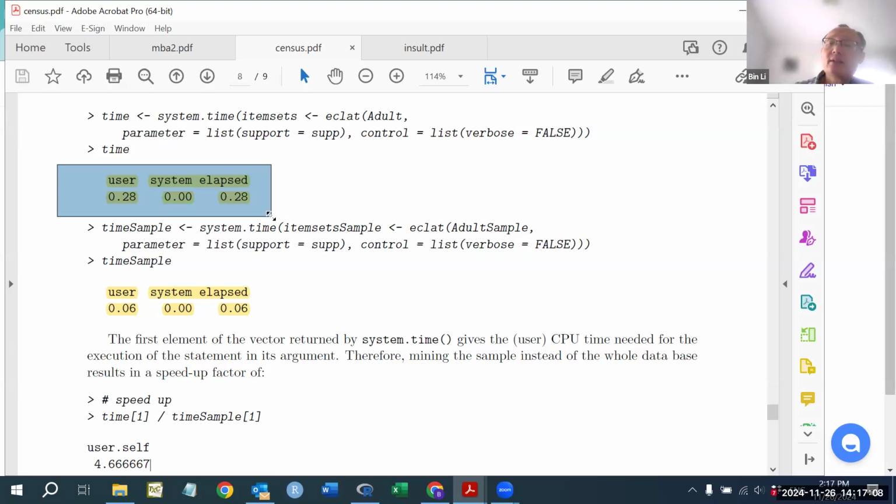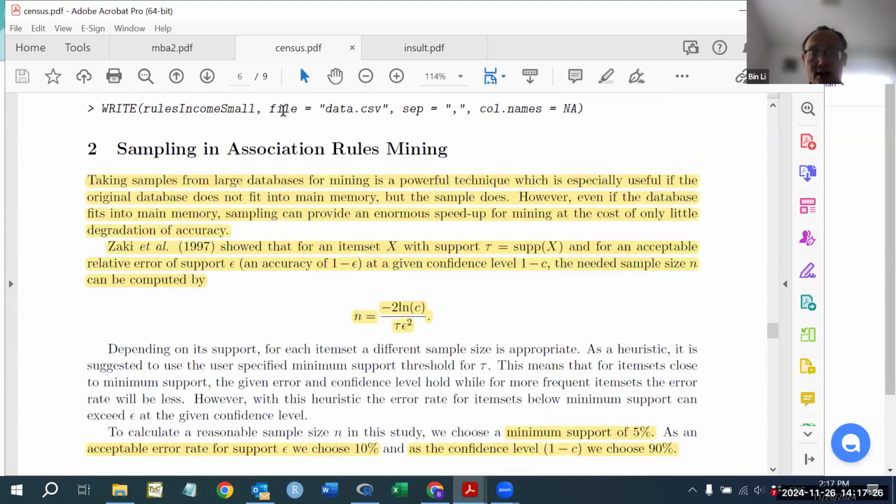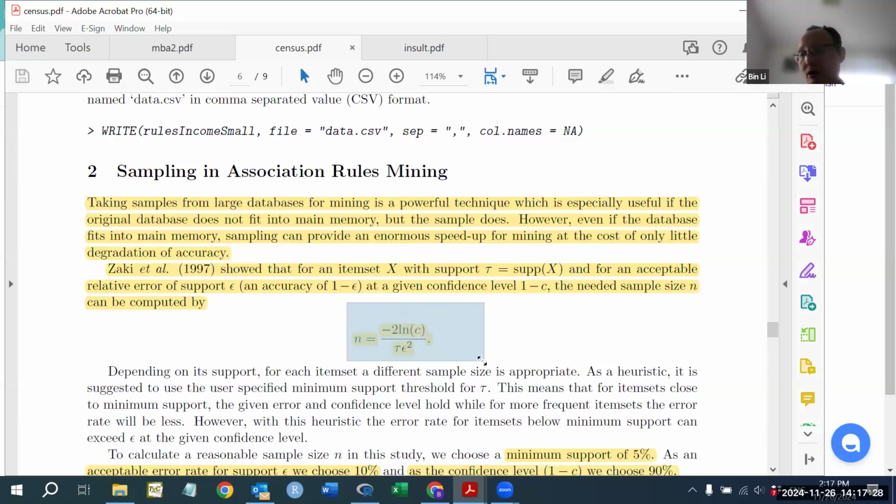If you can improve the computation by 5 times, 10 times, that's a lot. So that's why in practice, almost all real studies use subsampling. And if you use subsampling, this is a good formula to give you some guidance about the minimum sample size that you have to use.